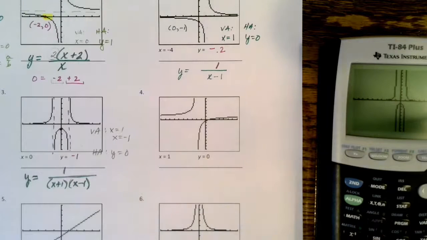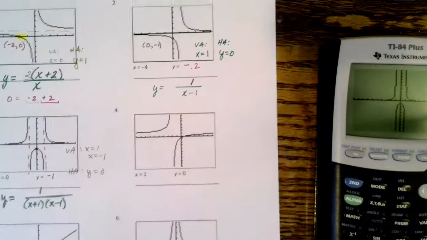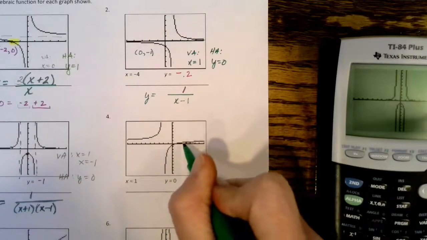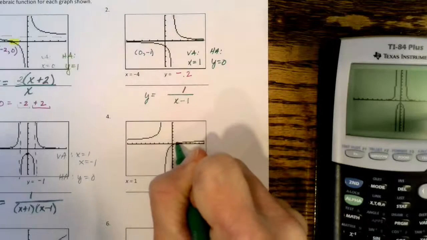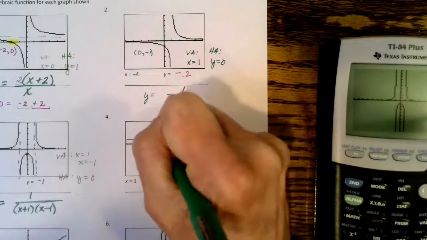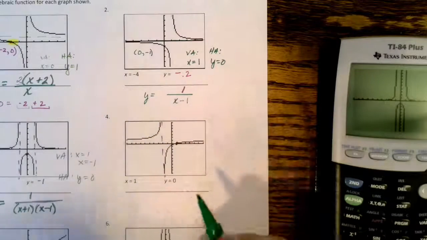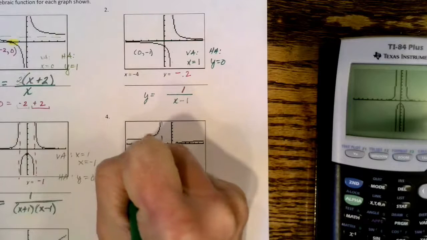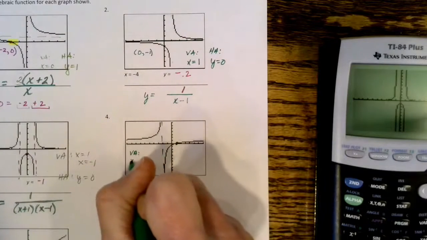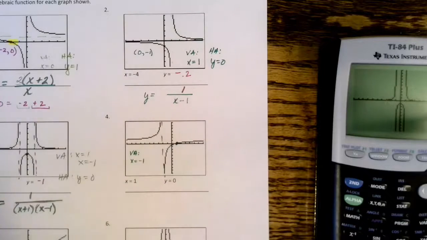Okay, so let's check out this next one. It says here that when x is equal to 1, y is equal to 0. I'm glad they clarified because I'm not sure that was easy to see by the graph, but okay, we'll take that. When I look here at my vertical asymptote, I see x is equal to -1.